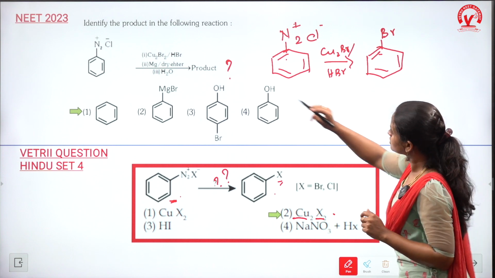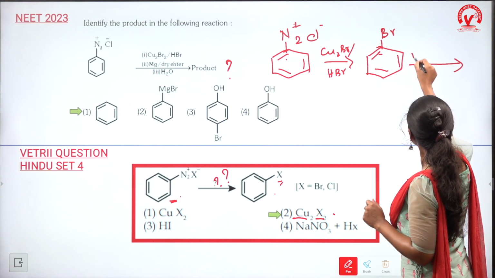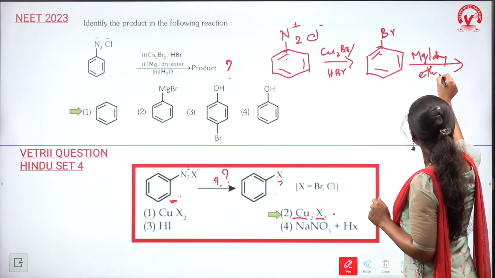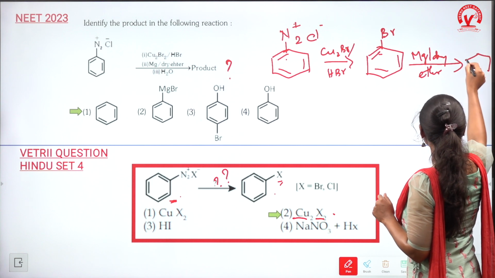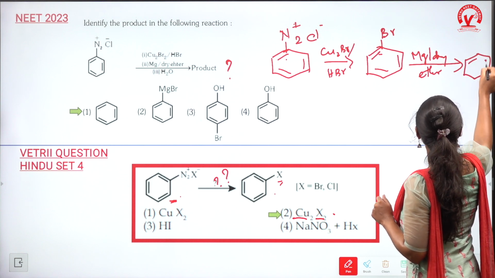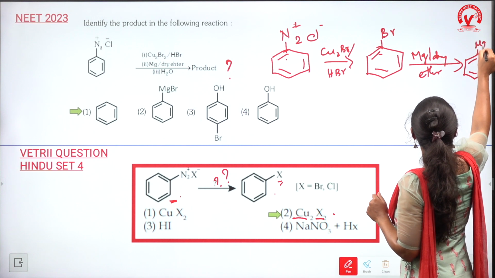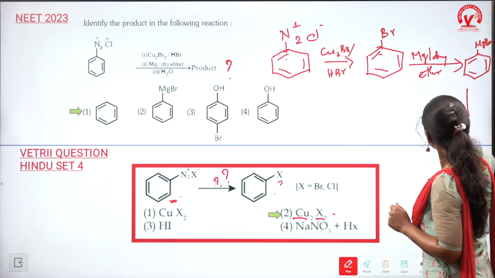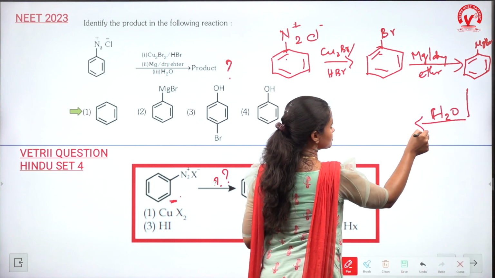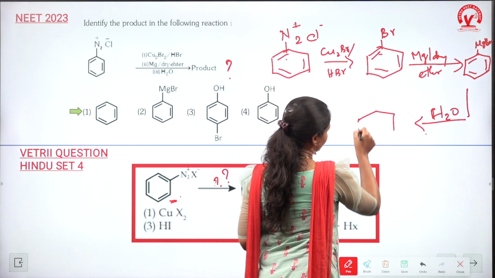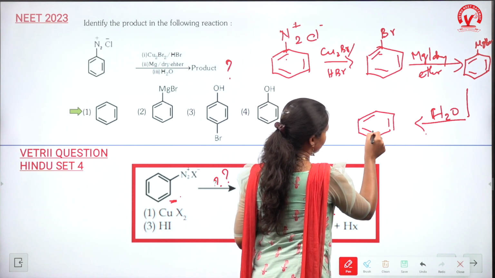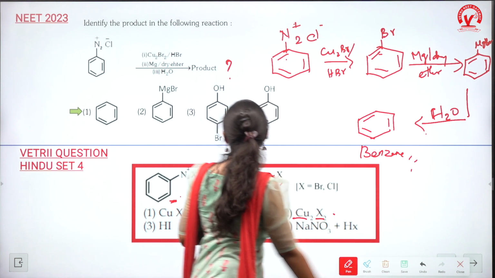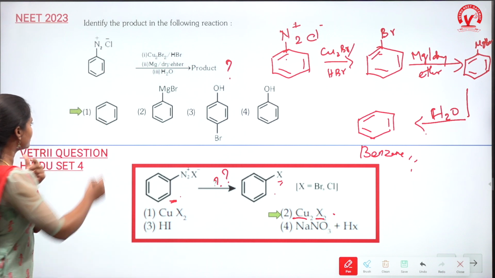This bromobenzene is further reacted with magnesium and dry ether, which gives a Grignard reagent, MgBr, which on further hydrolysis gives the product benzene. So here option 1 is correct.